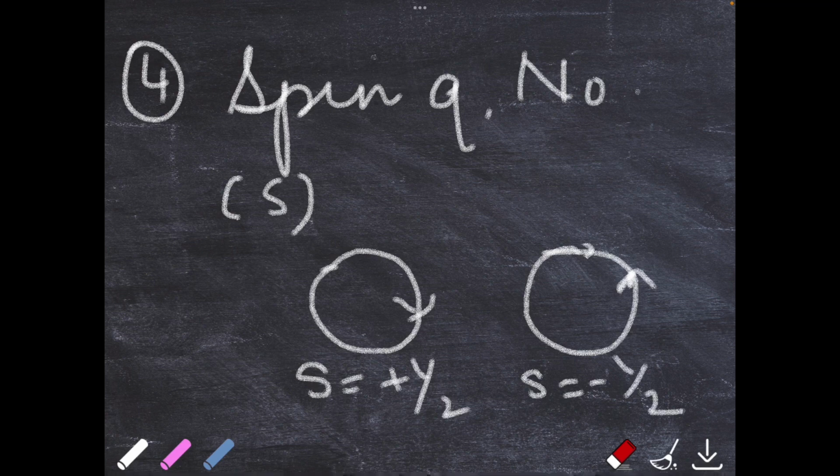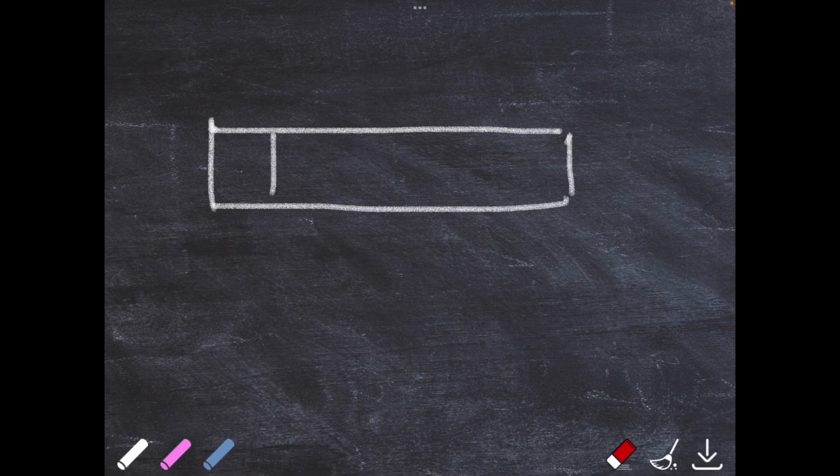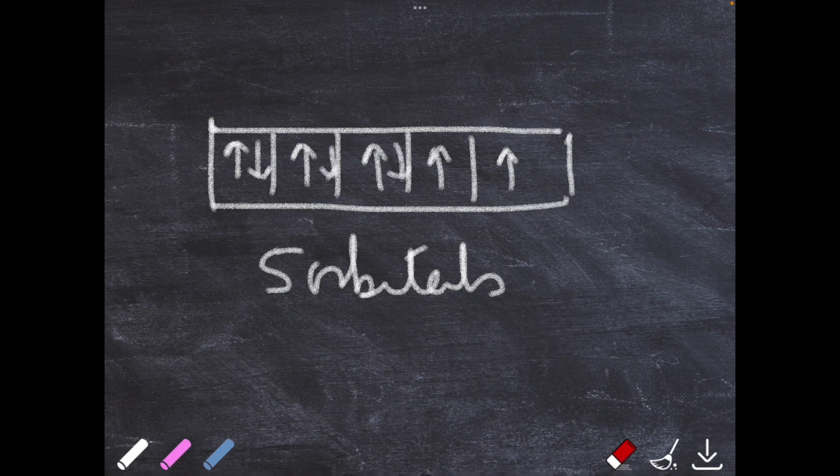So for each value of m, let's say if this is the d subshell, this d subshell has 5 orbitals. In each of the 5 orbitals, 2 electrons can be accommodated with opposite spins, one in the clockwise direction and the other in the anti-clockwise direction.